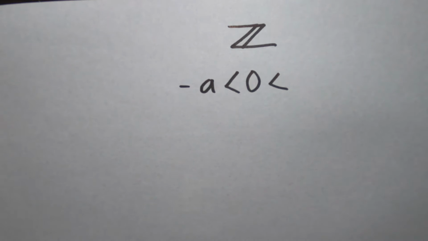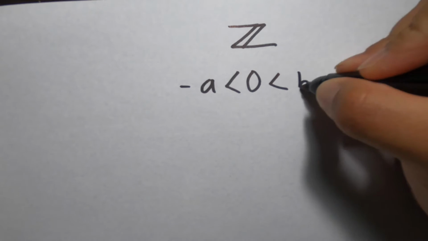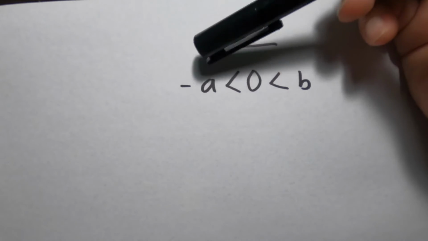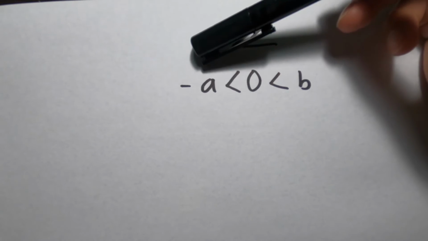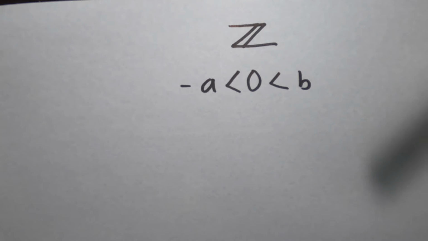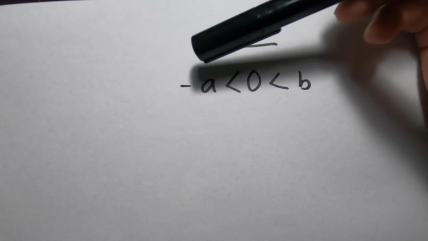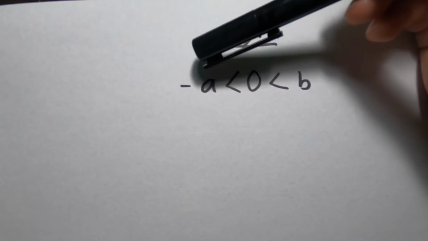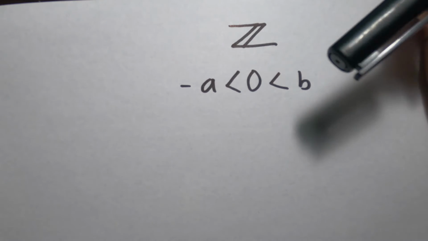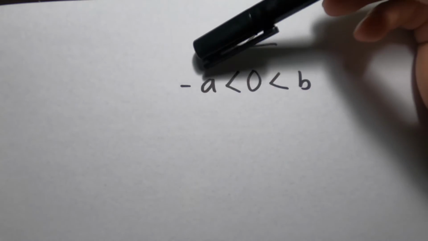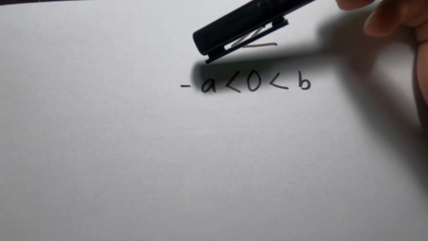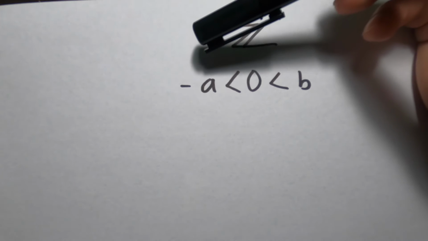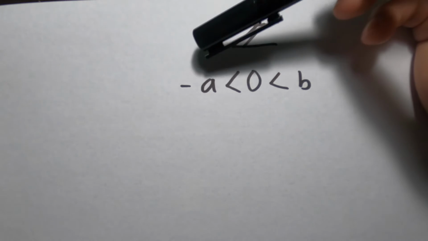Now don't worry, and sometimes you'll have B. Don't worry that this is a letter of the alphabet, or B, a letter of the alphabet. This is just a representation of some constant number that should be here. It's because we know there's a number here, we just don't know what it is, but we want something there to represent all numbers. In this case, all integers.